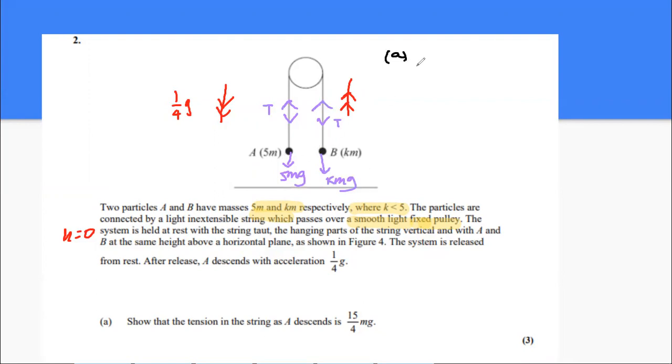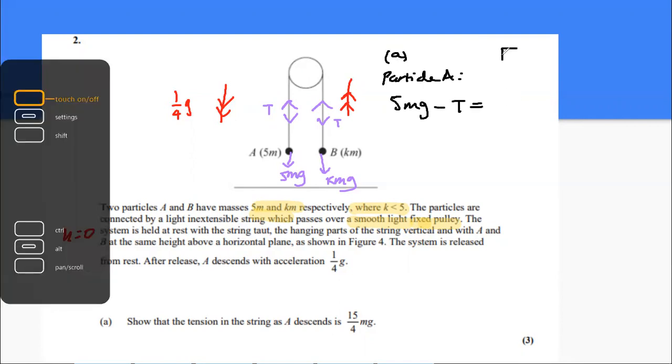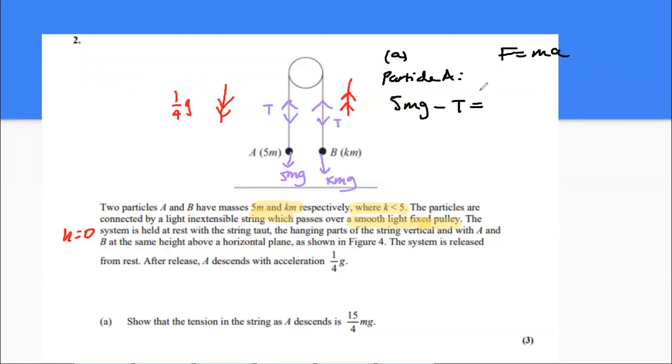Okay, so if it's moving downwards, let's have a look at the forces that are happening over here with A. So for particle A, what we have is 5mg minus the tension is equal to ma, so mass times acceleration, using F equals ma. Okay, so your mass is 5m and your acceleration, we're told, was 1/4 g.